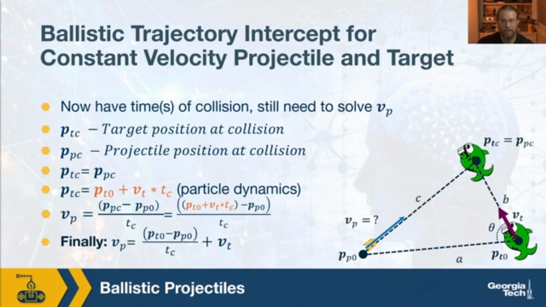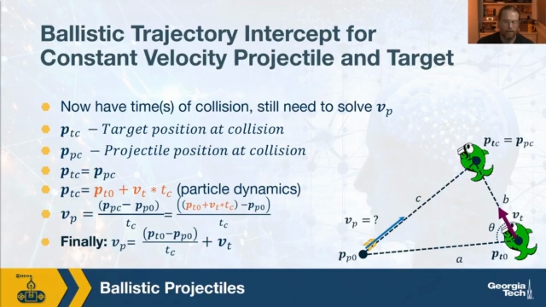It should be obvious that those are both going to be the same position, but the way we get there is coming from different directions. So we have the motion of the projectile and the motion of the target, but we know that at that one point, they're going to be the same.